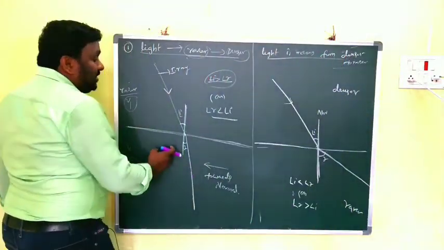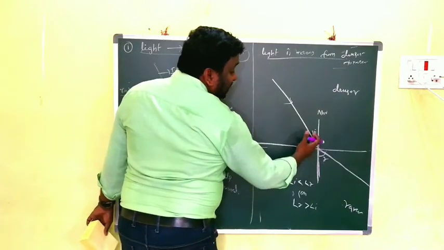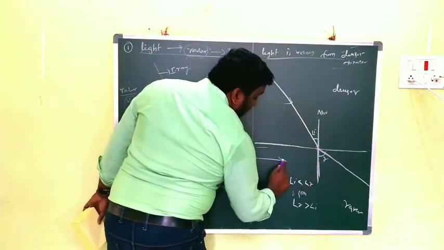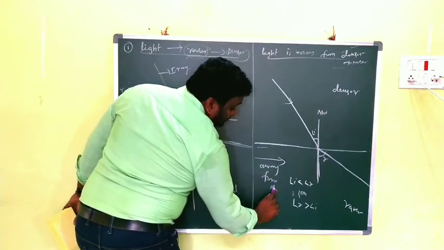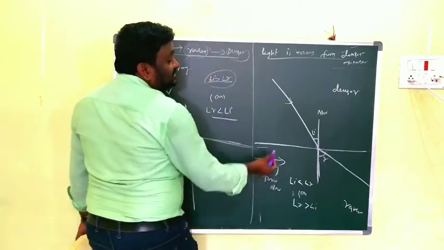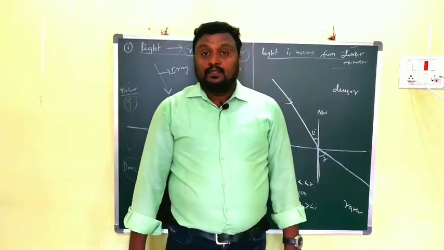In the earlier case, after refraction the light is towards the normal. In this case it is away from the normal. After refraction, the refracted ray is moving away from the normal.